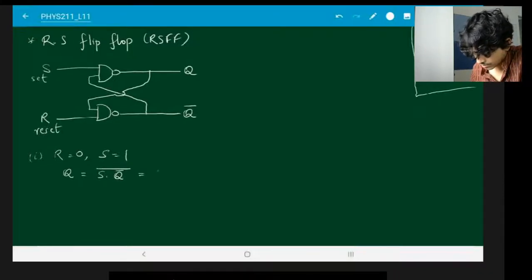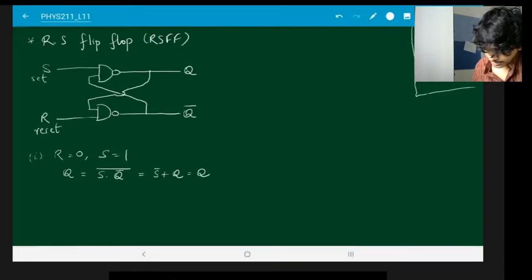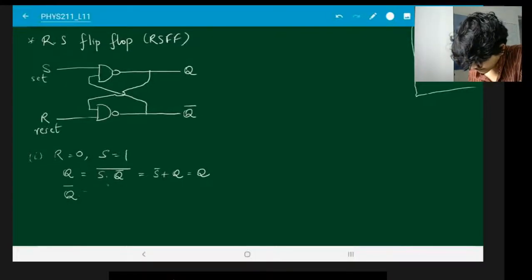So if you use De Morgan's theorem, this is just S bar or Q. Now S bar is 0. So 0 plus Q is going to be Q. And what happens to Q bar? Sorry. S was 1. So S bar was 0.